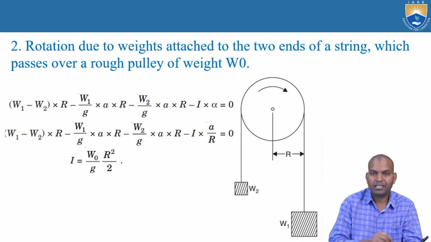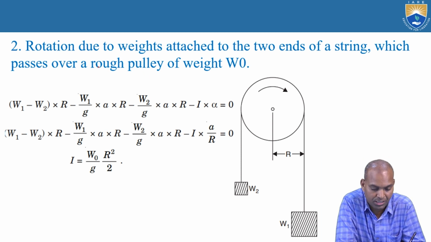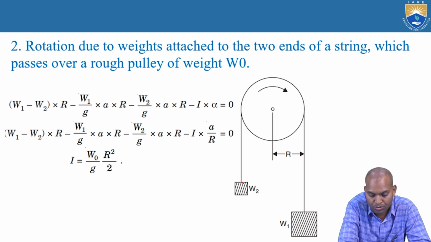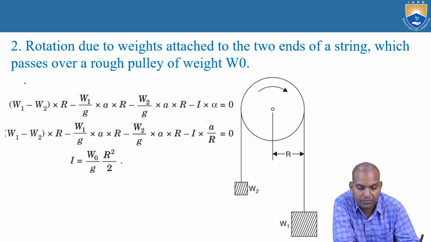Now, another case study for rotation: D'Alembert's principle for rotational motion, that is case number 2. Here there are two weights, W2 and W1, attached to the two ends of a string which passes over a rough pulley of weight W0.